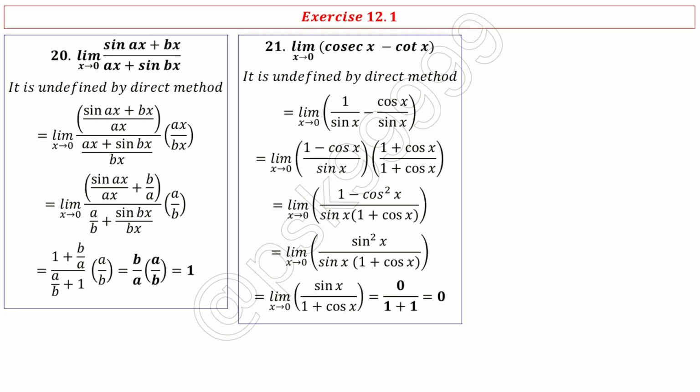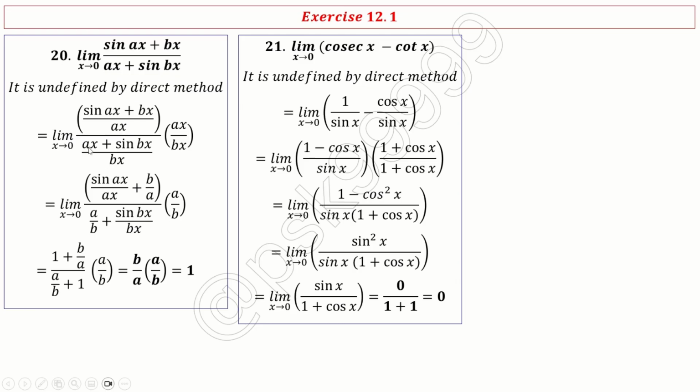Limit x tends to 0, sin ax plus bx divided by ax plus sin bx. I am doing the 20th question now. If I substitute x equal to 0, it is 0 plus 0, which is undefined in the direct method. So I am dividing this with ax and this with bx, and I am adding ax by bx to nullify this effect.